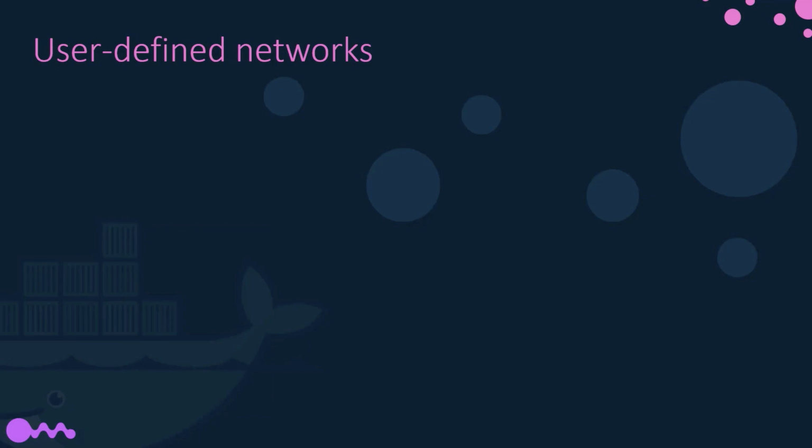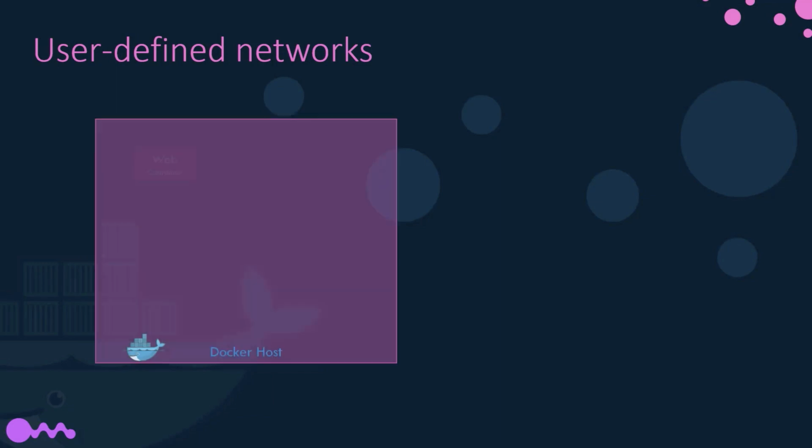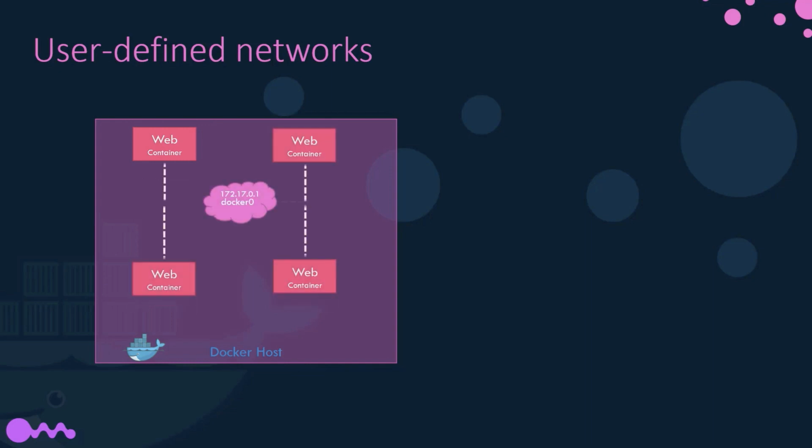So we just saw the default bridge network with the network ID 172.17.0.1. So all containers associated to this default network will be able to communicate to each other. But what if we wish to isolate the containers within the Docker host? For example, the first two web containers on internal network 172 and the second two containers on a different internal network, like 182.